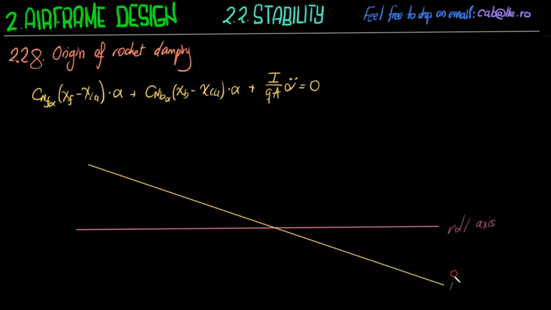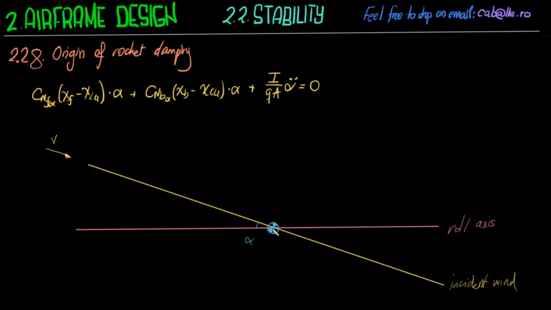So the incident wind. V will be in this direction. And this angle then would be alpha. We'll put the center of gravity here.